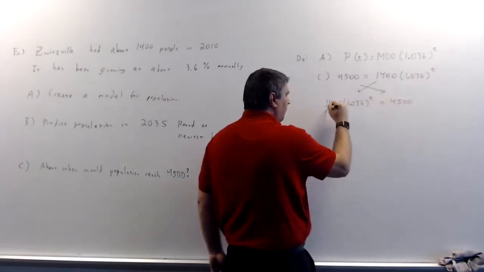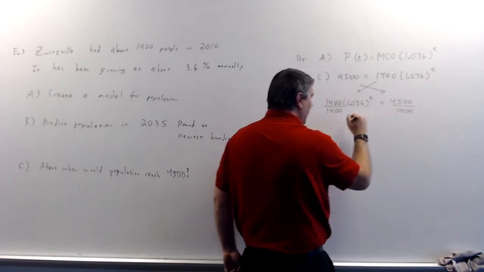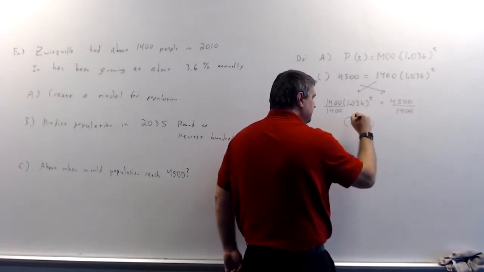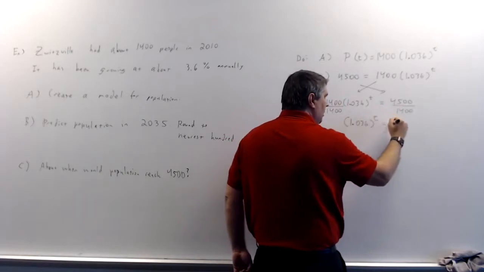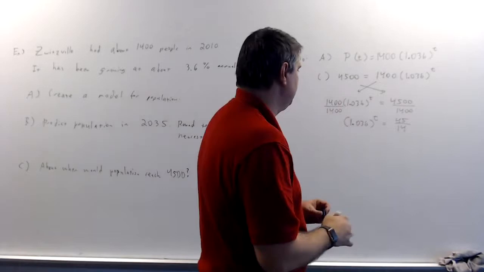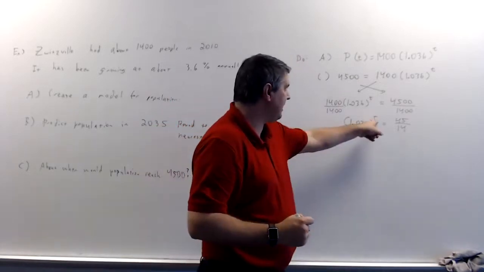I'm going to divide off that 1,400, and we have 1.036 to the t power equals 45/14. Now, I need to get this t out of the exponent.